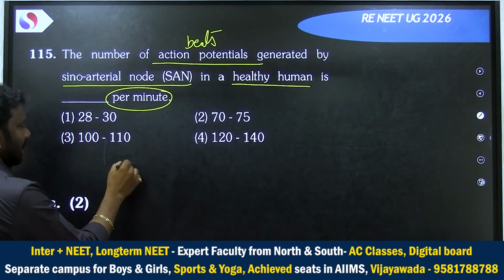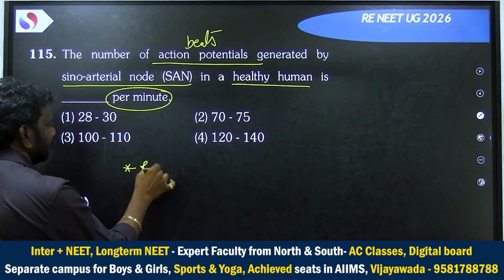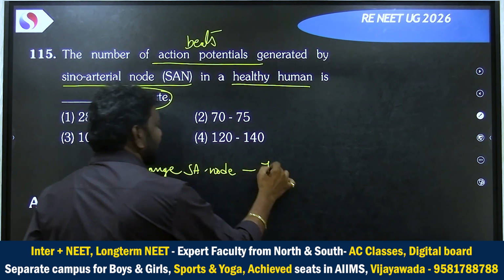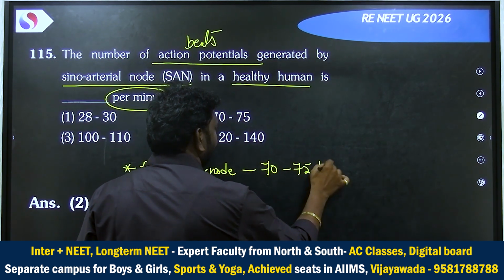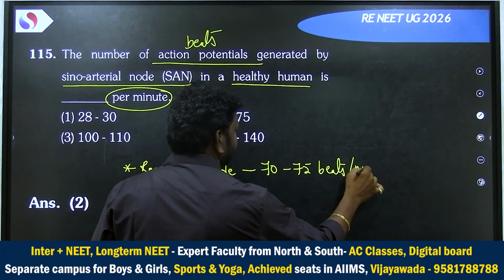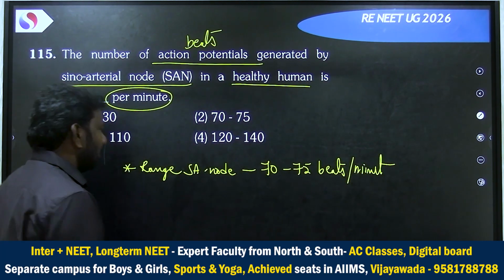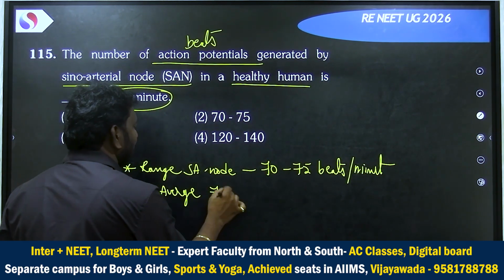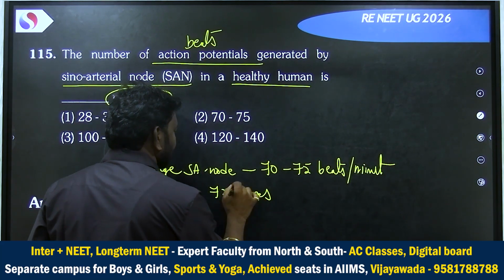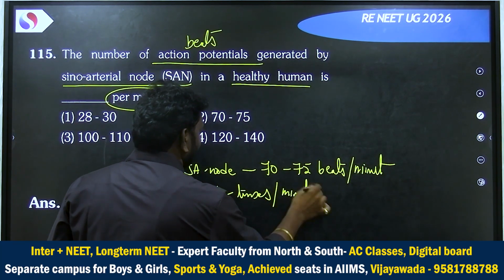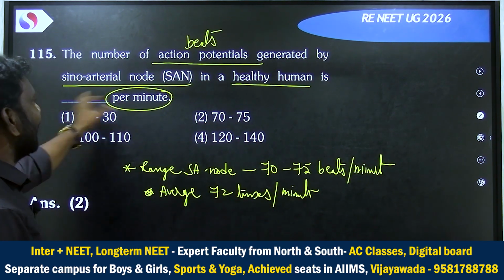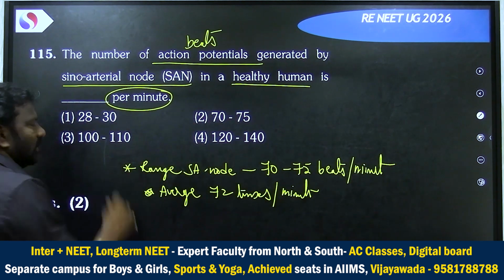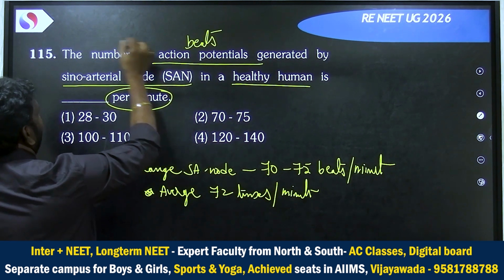Generally the range at which the sinoatrial node generates action potentials is 70 to 75 beats per minute, but the average is 72 times per minute. In the question they are asking for the average. So this question is related to body fluids and circulation.